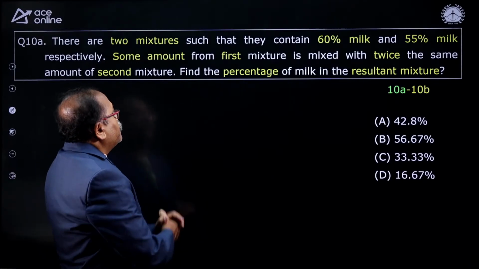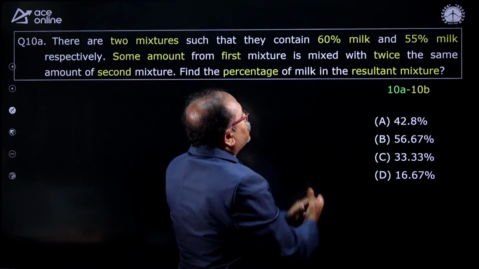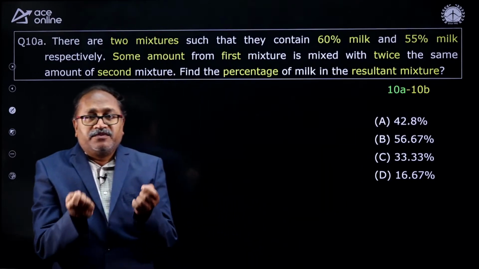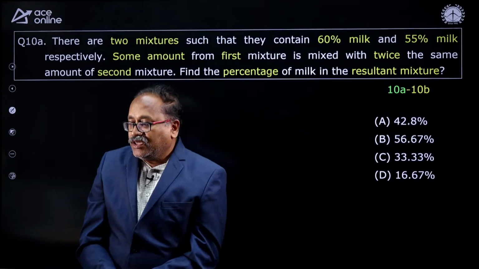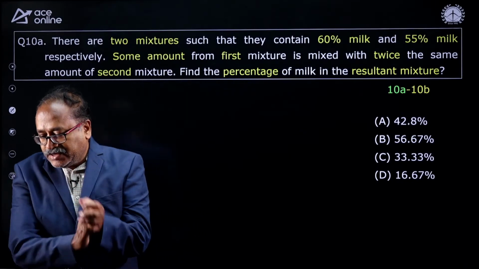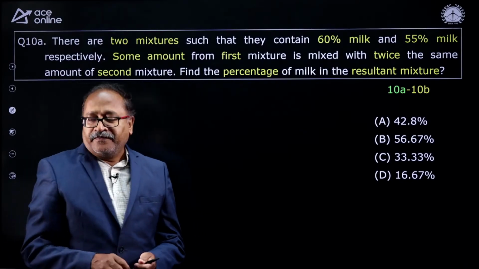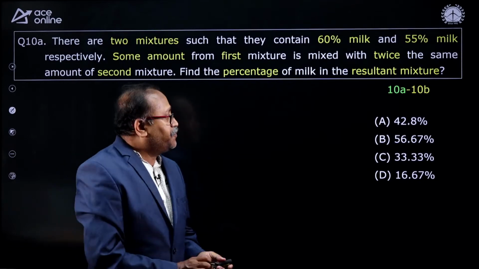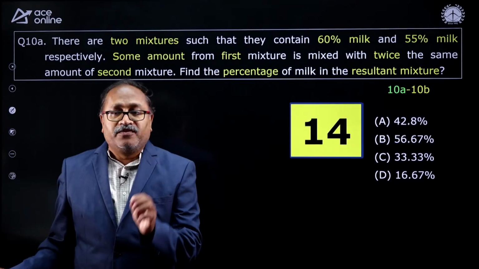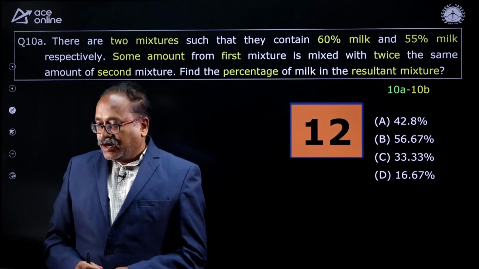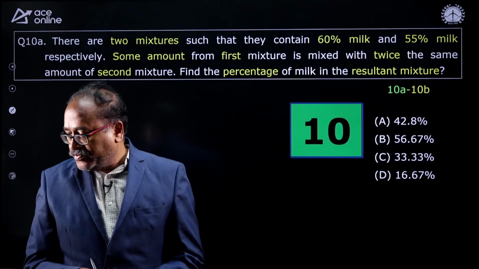Then Anusha, look at this one. Find the percentage of milk in the resultant mixture. Sumit Pawar ji, answer please. 15 seconds to think of it, and then I will answer the question.